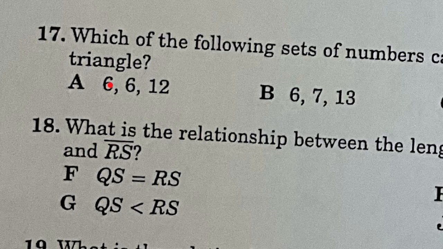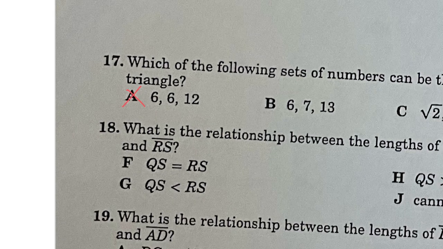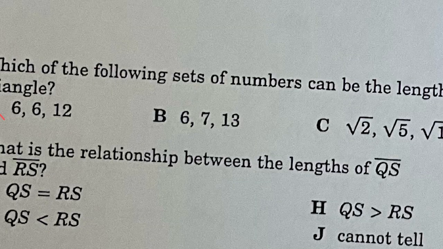Is 6 greater than the difference between 6 and 12? No. So this cannot be a triangle. Is this 6 less than the sum of 7 and 13? Yes. Is this 6 more than the difference between 13 and 7? No. And for that reason, that's not a triangle.